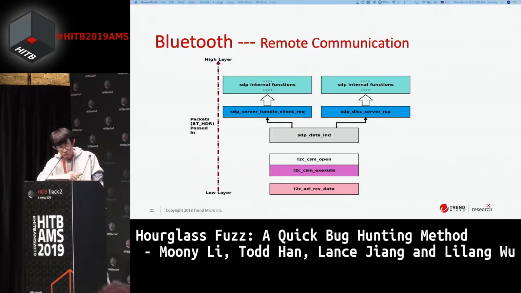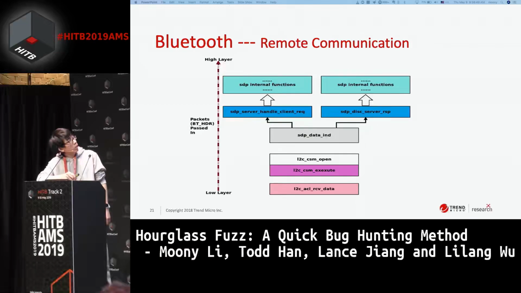And this is another scenario for SDP, the Service Discovery Protocol communication. This figure gives us an overview of how the packet is routed when it's received. First is the message process loop, and then the callbacks will pass it to L2CAP, and in L2CAP, it will use the execute functions to examine the channels of our SDP, and finally, if it's opened, then the open function works.